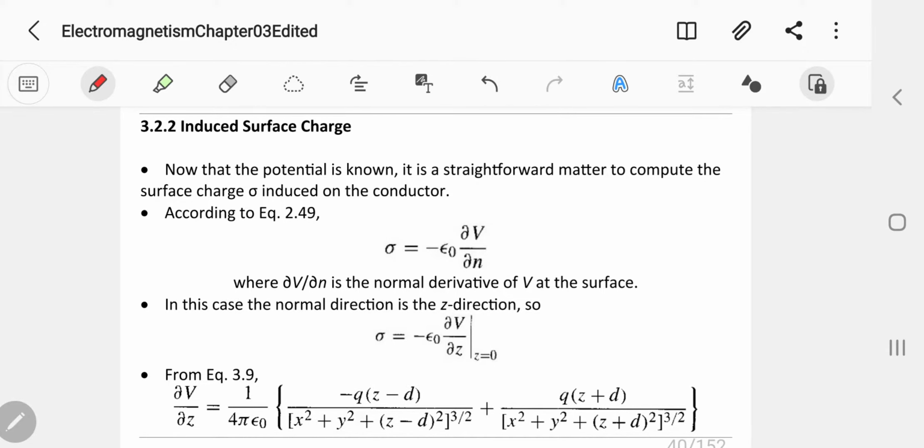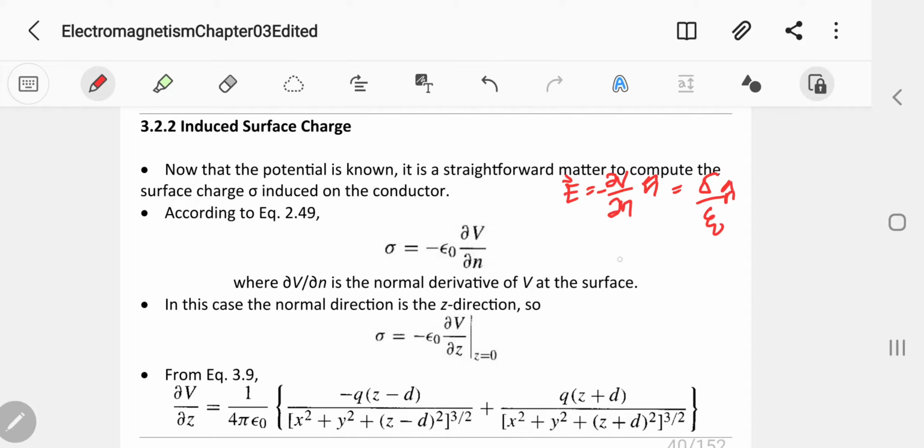The induced surface charge is just equal to, well, the electric field above the plane is equal to the negative gradient of the potential with respect to the normal of the plane, and this is just equal to sigma over epsilon sub o, in the direction n also.